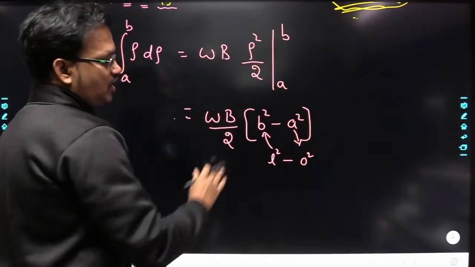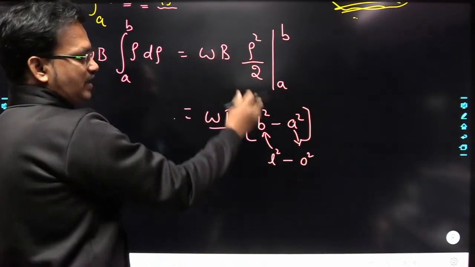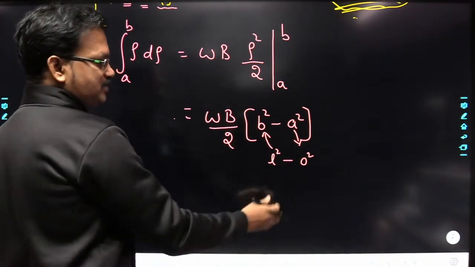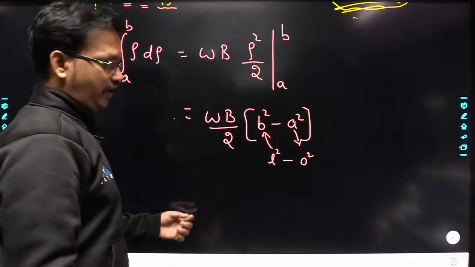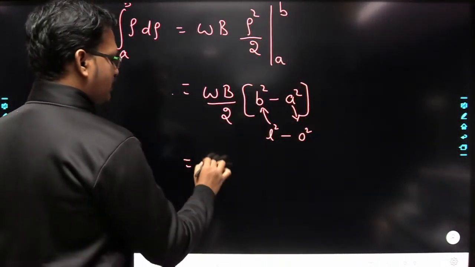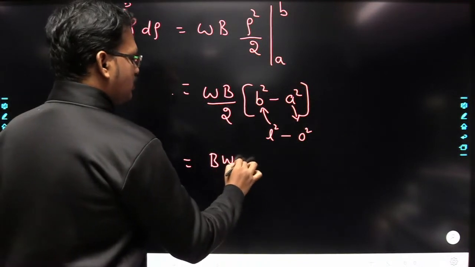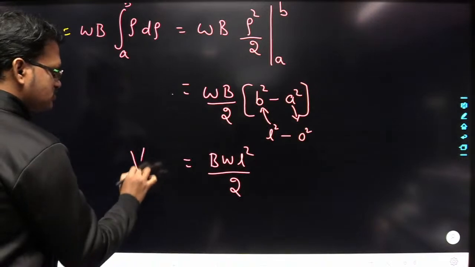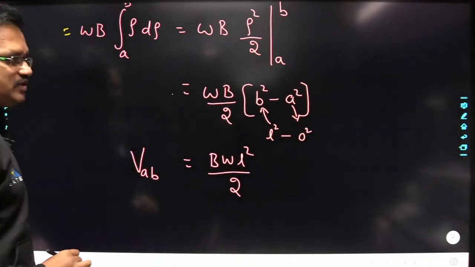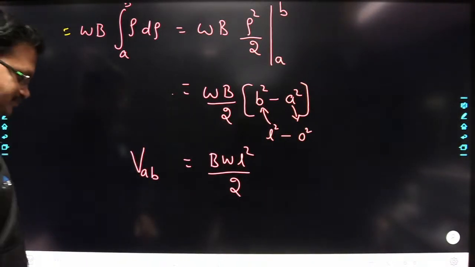So you are going to get B omega into L square divided by 2. This is the potential difference between A and B.